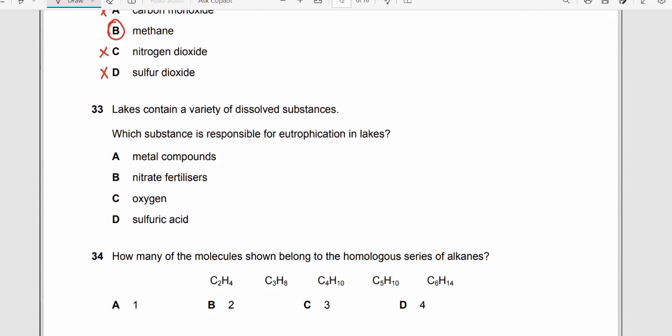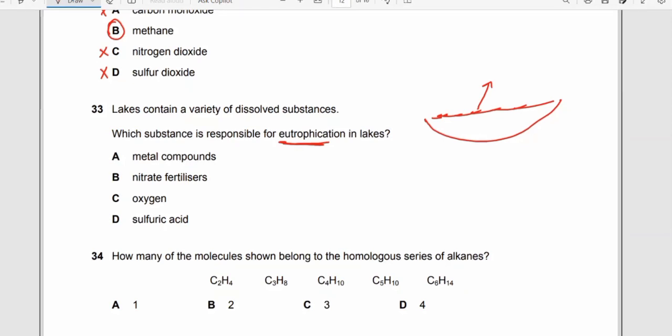Lakes contain a variety of dissolved substances. Which substance is responsible for eutrophication in the lakes? Eutrophication means the covering of the lake with a high amount of algae. So basically metal compounds, no. Nitrate fertilizer, yes of course.